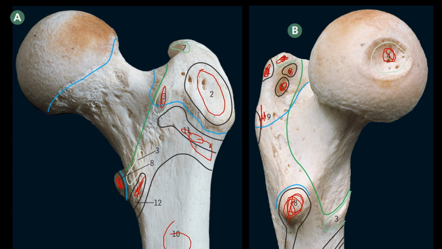The vastus medialis arises from the lower part of the intertrochanteric line and the spiral line. The vastus intermedius arises from the upper three-quarters of the anterior and lateral surfaces of the femur.